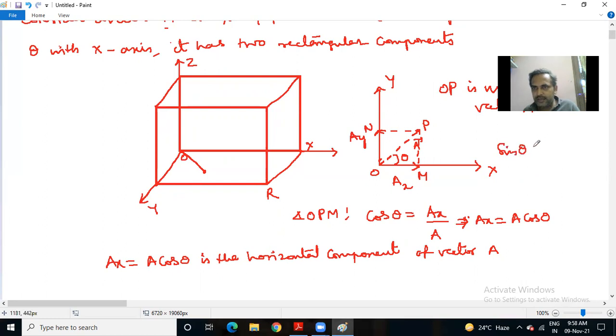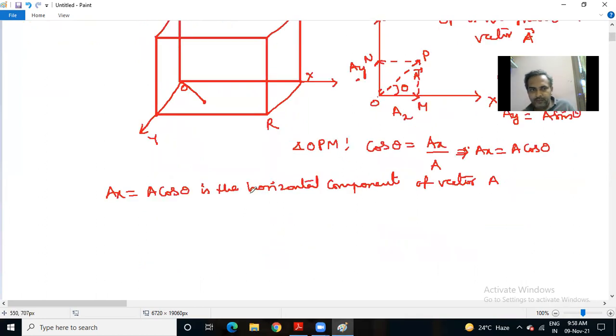Similarly, in the same right angle triangle, you go with sin theta. What is sin theta? PM is parallel to AY. ON can also be replaced with AY. So this is over A, the hypotenuse, which is again A. So AY is equal to A sin theta.